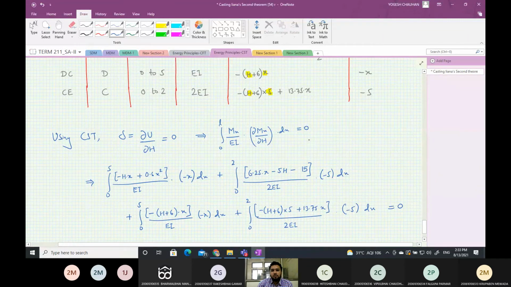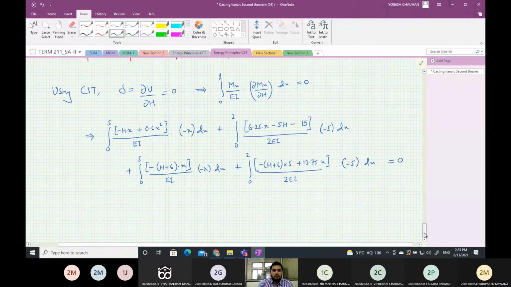The summation of all this should be equal to 0. So you can integrate this, and solving this integration you will have on the left side an equation in terms of h, and on the right side some value. So finally you will get the value of h, which will be 3.51 kilonewton.